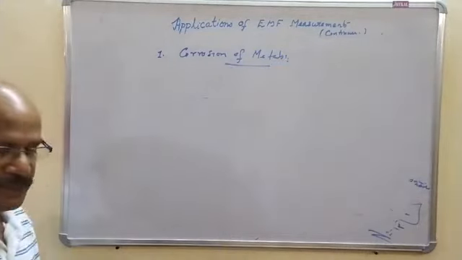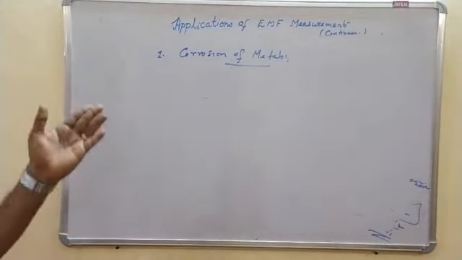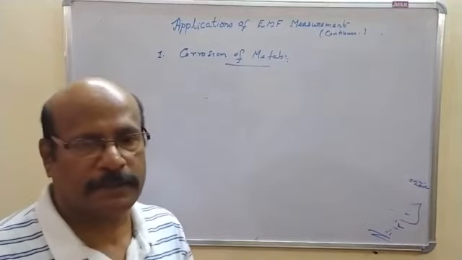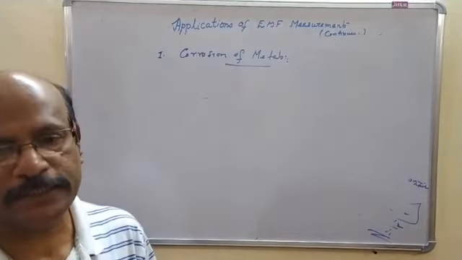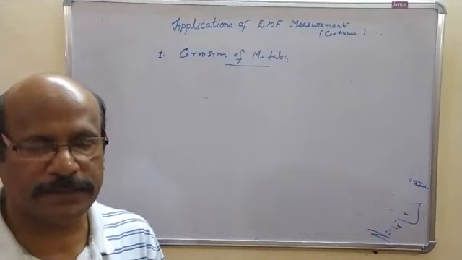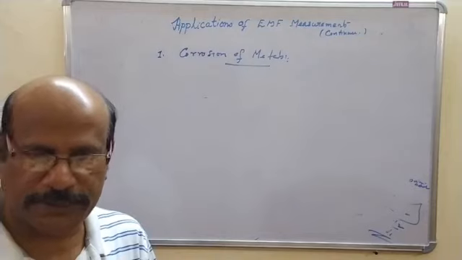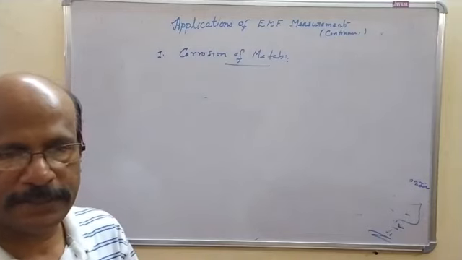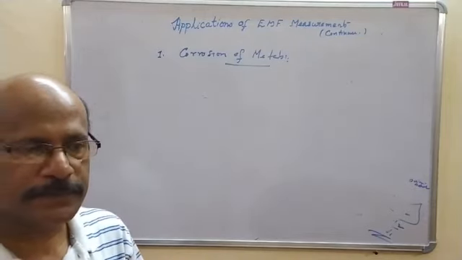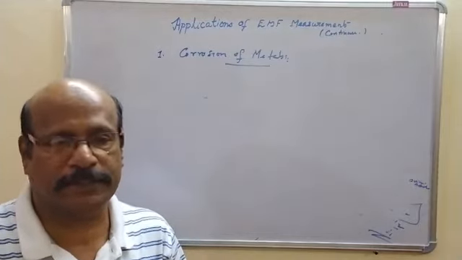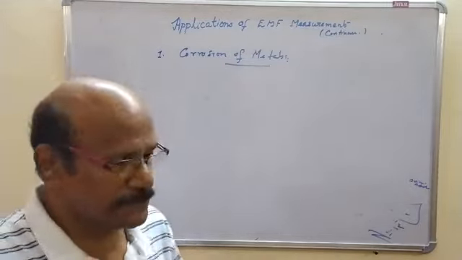We can discuss this in the next class: what is meant by corrosion of metal, classification of corrosion, theory of corrosion with examples of the rusting of iron according to your syllabus, and the mechanisms or various methods for the elimination of corrosion in metals. So we will discuss this in the next class.